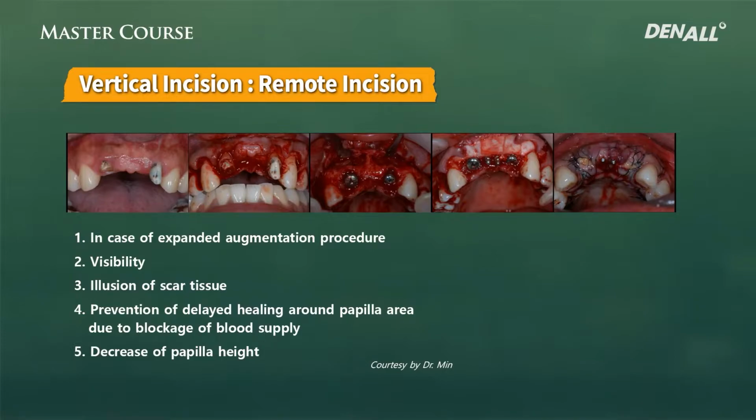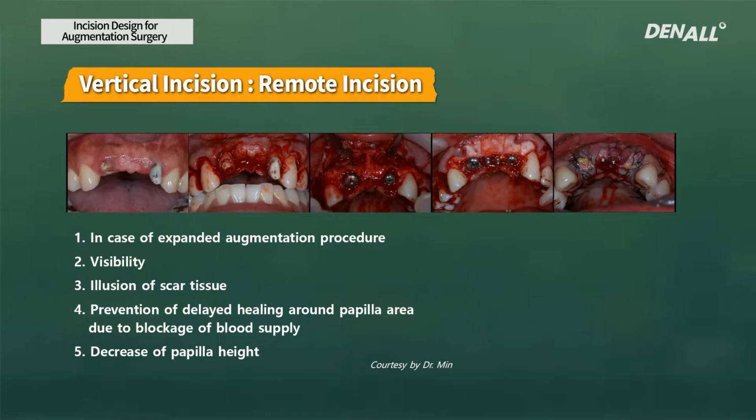Vertical incisions can be located rather away from the surgical site, so scar tissue can be where it is not easily noticeable. So there can be disadvantages as well.